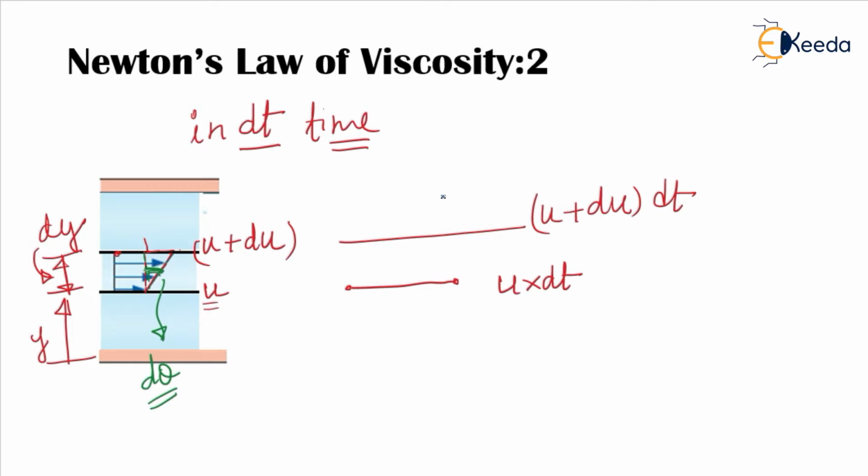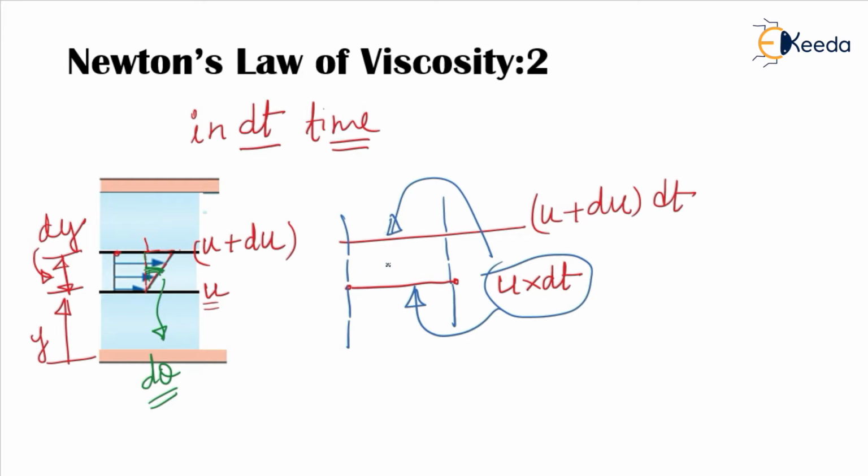So now we have to look for this difference, because this is u dt and this is the same length. How can we see that this length is the same? We just need to break it up a bit.